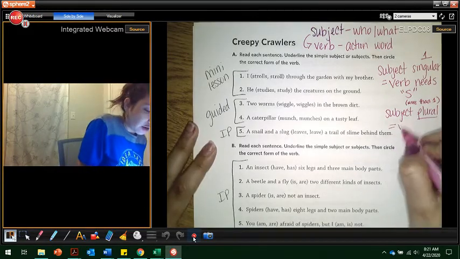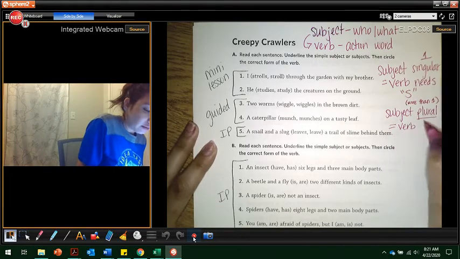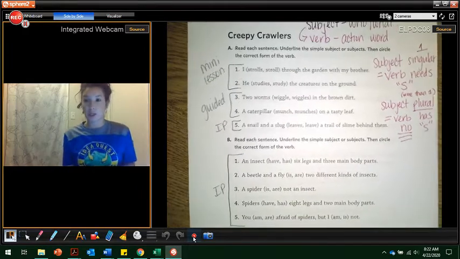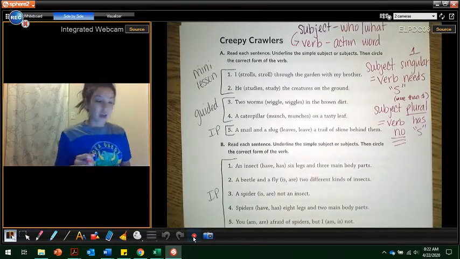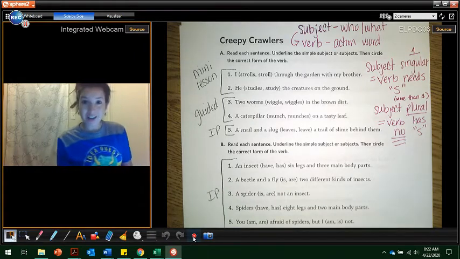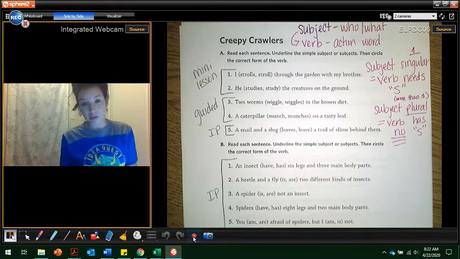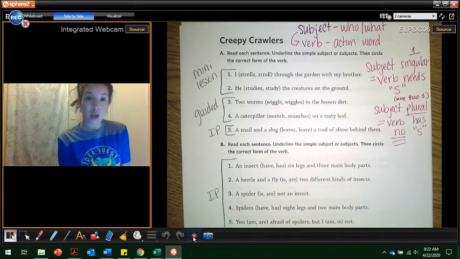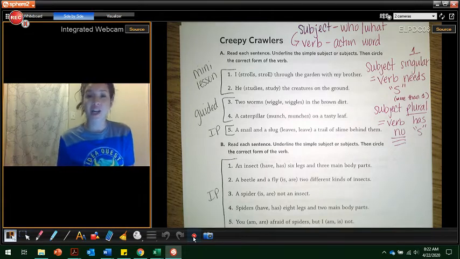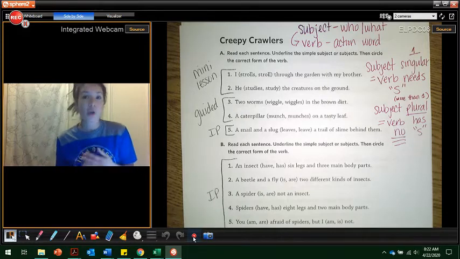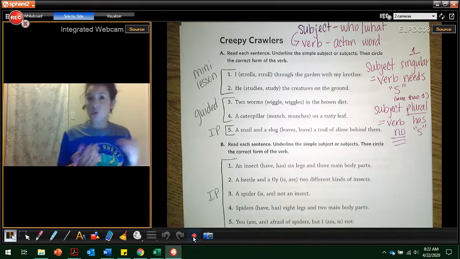Then our verb has no S. All right, super important. So what does that mean? That means if I'm talking about they, which is more than one, I wouldn't say they walks to the store. I would say they walk. My verb is not going to have an S. So this helps us decide with our present tense verbs whether they should have an S or no S.